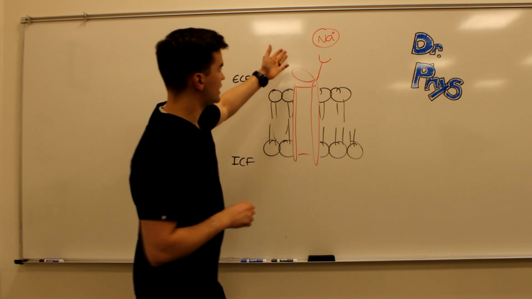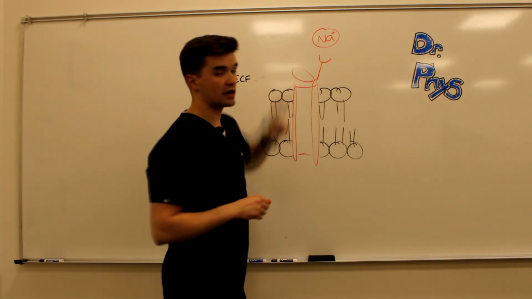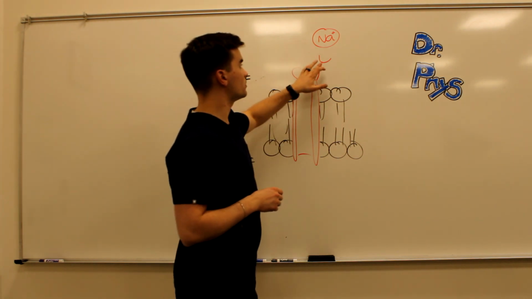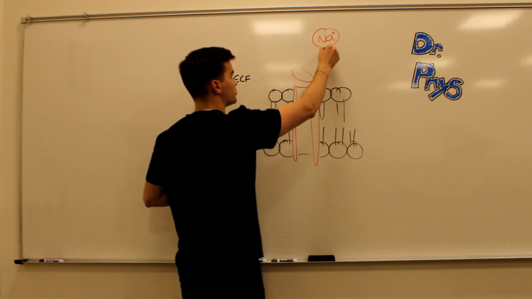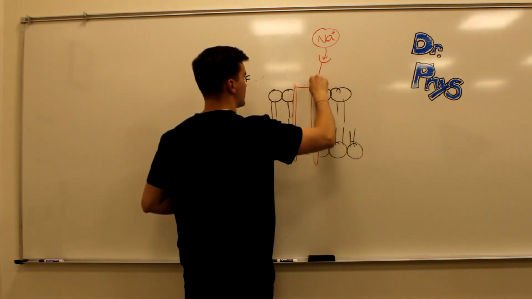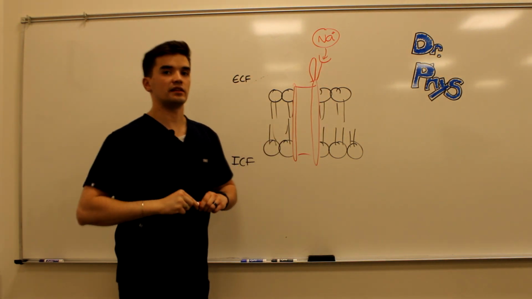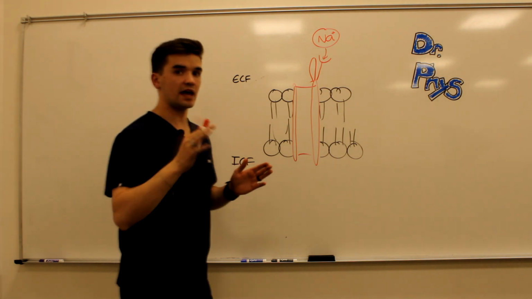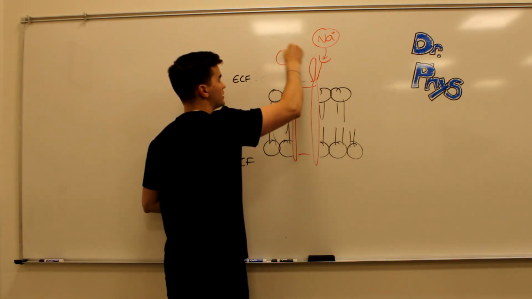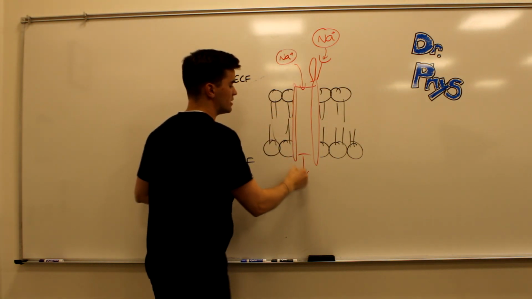So, in this case, if this is a sodium ligand channel, if there's a lot of sodium in the extracellular fluid, sodium will attach to this receptor, and that receptor will tell the protein that it is a-okay to open up its lid, and that gate on the ligand-gated channel will allow other sodium to come through and begin to flow into the cell by diffusion.